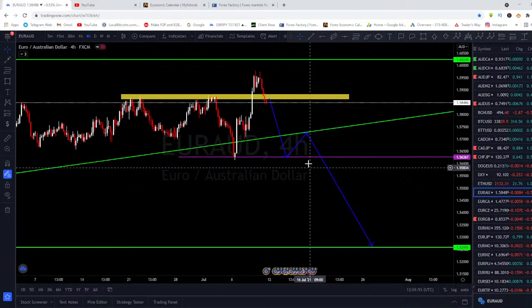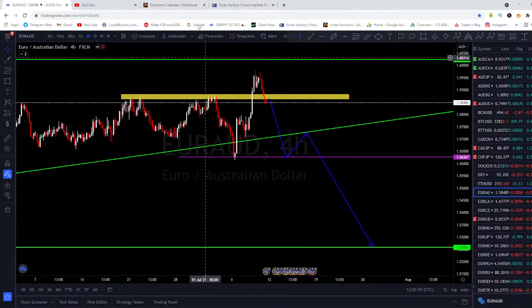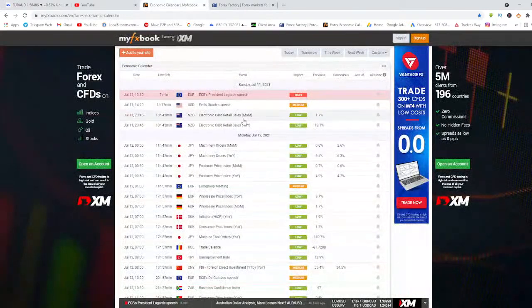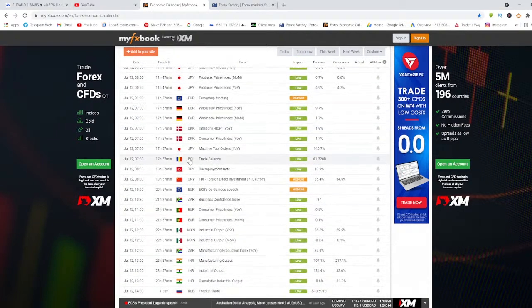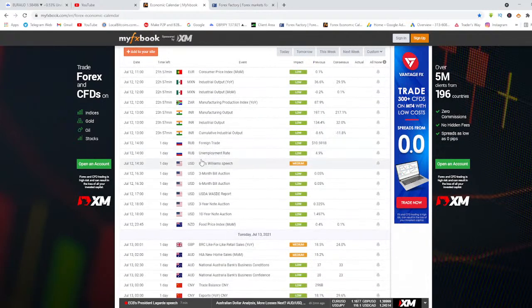So yeah, those are the pairs that you guys gave me. And also don't forget to check your fundamentals, because fundamentals are very important when it comes to trading forex, right? So these are the fundamentals, like the news for JPY, Euro, different news, and okay, this Fed speech is tomorrow. Yeah, it's tomorrow, so we will see. And that's for USD, right?